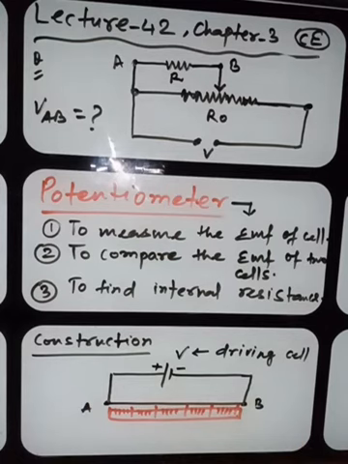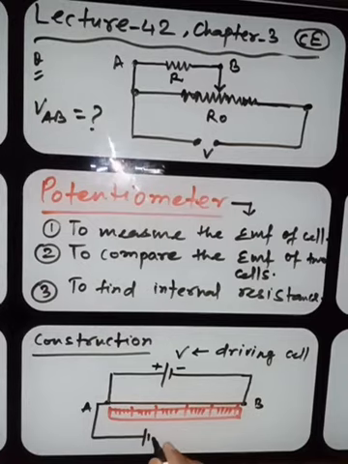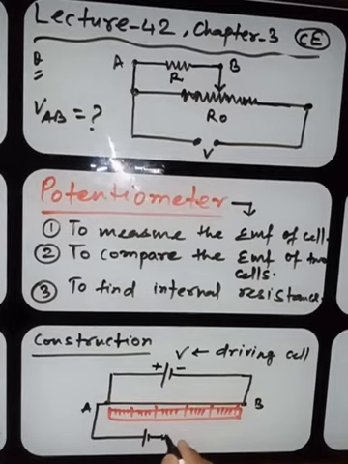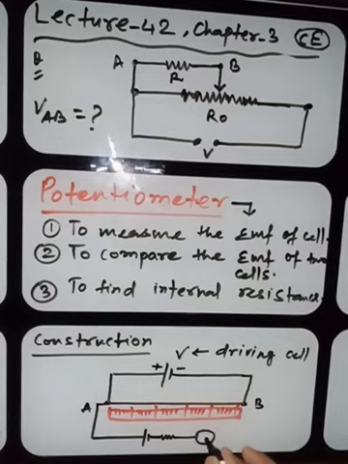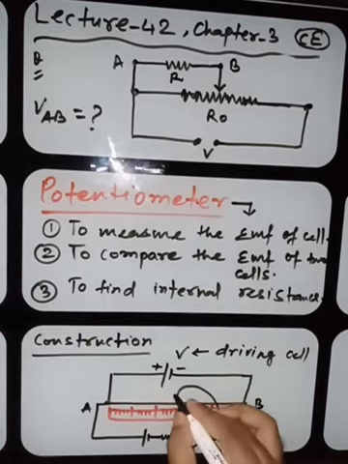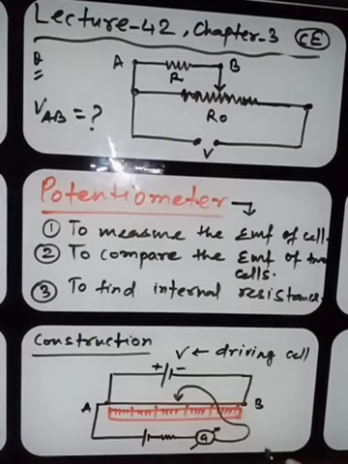Now for the external circuit, you have to apply here a secondary cell for which you want to do the experiment. So this is the cell and the internal resistance of this cell. It is connected with a galvanometer G, and this galvanometer is connected with a jockey which gives the null point.